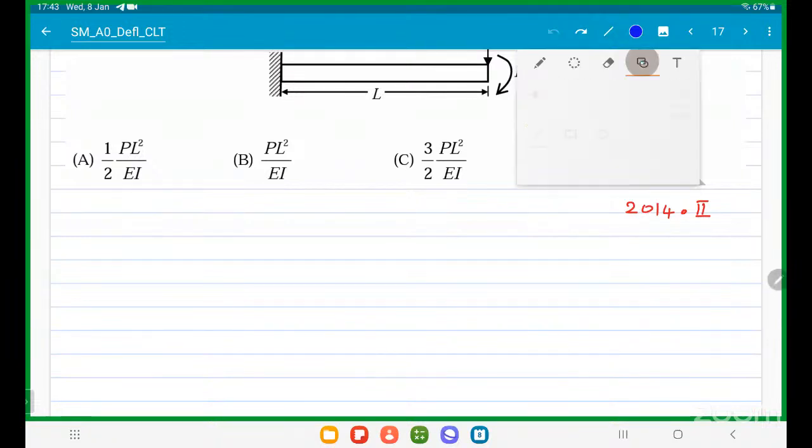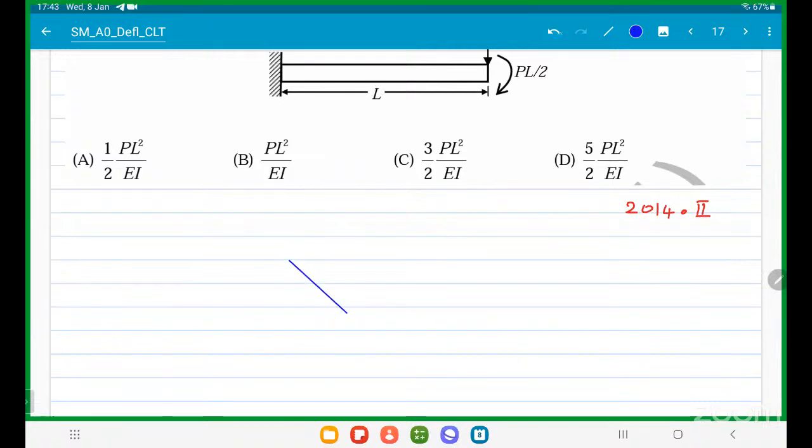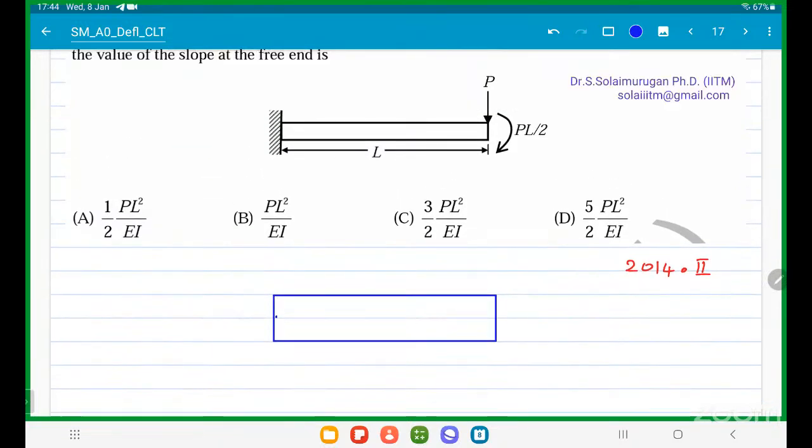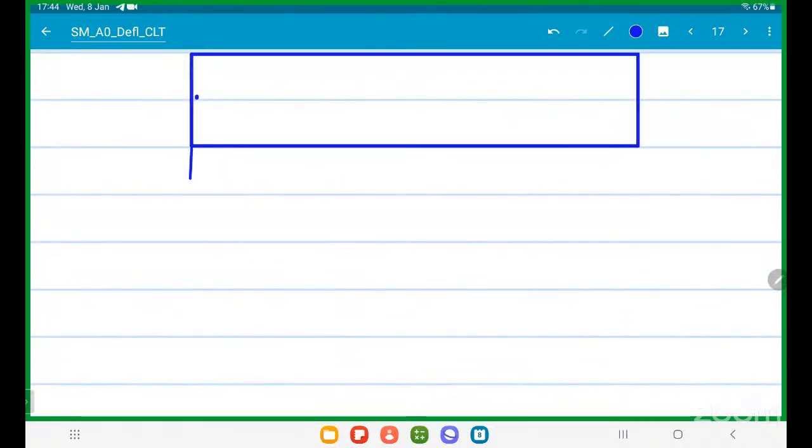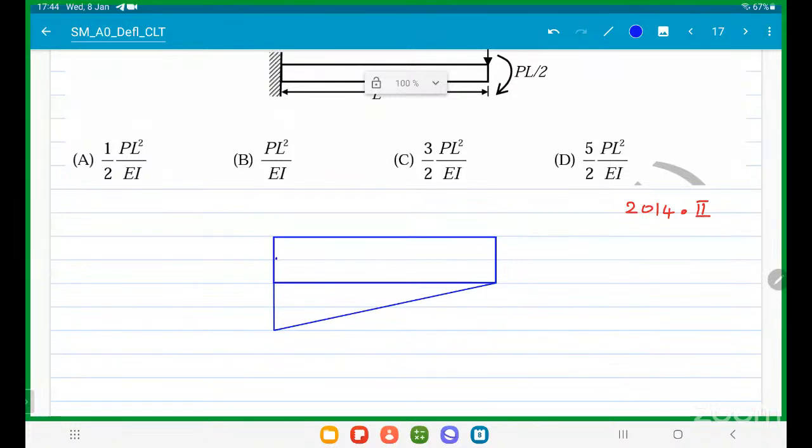Moment area method, sir. So the bending moment diagram due to couple is a perfect rectangle, right? The bending moment diagram due to point load is a triangle. Correct? Is it correct?